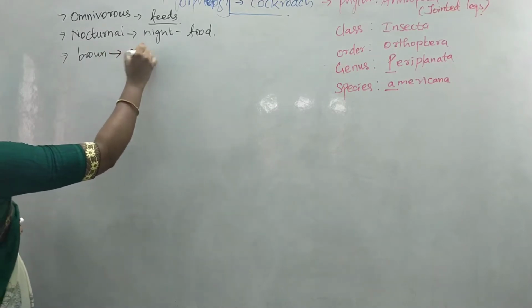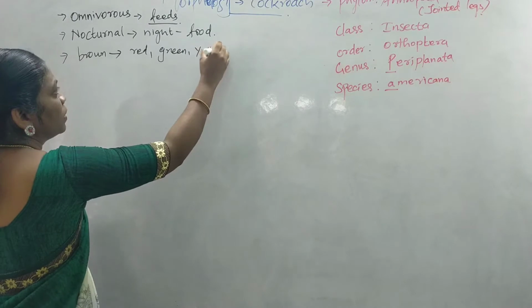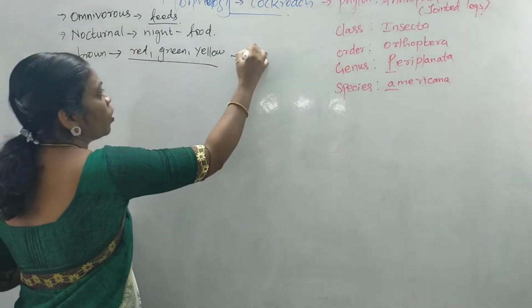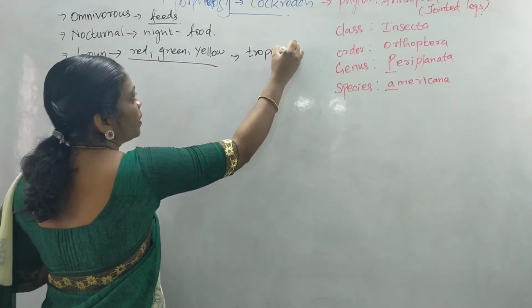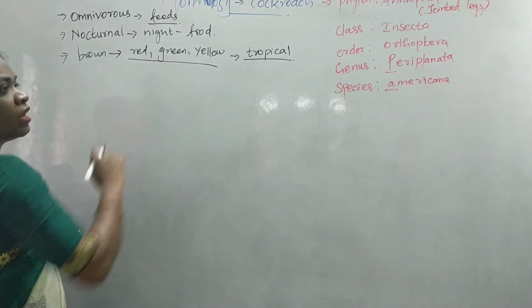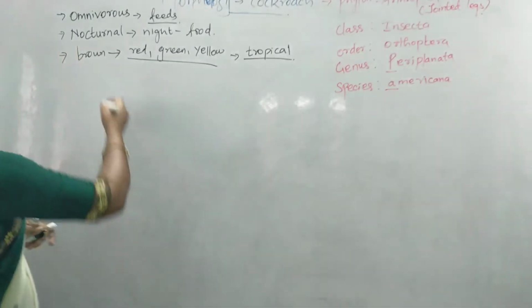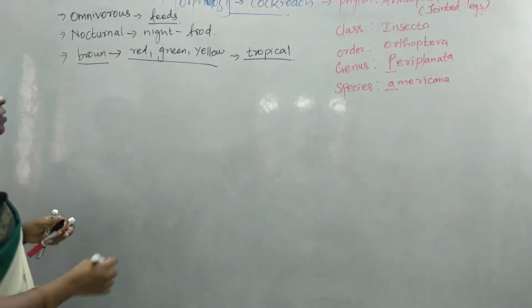It may also exhibit red, green and yellow in tropical regions, but what we are learning about is Periplaneta, which shows a bright brown color.